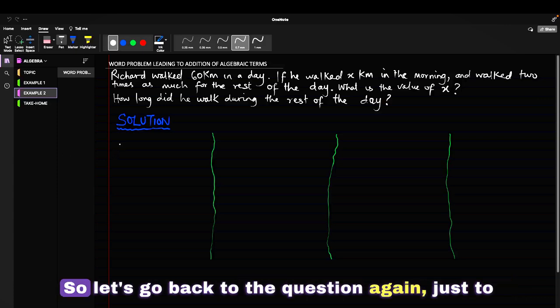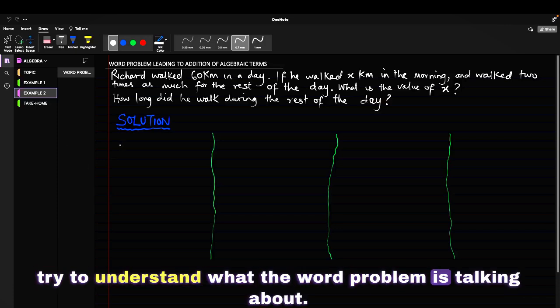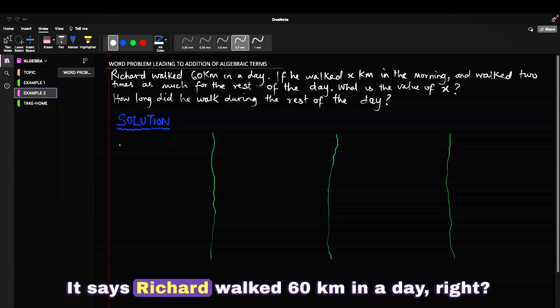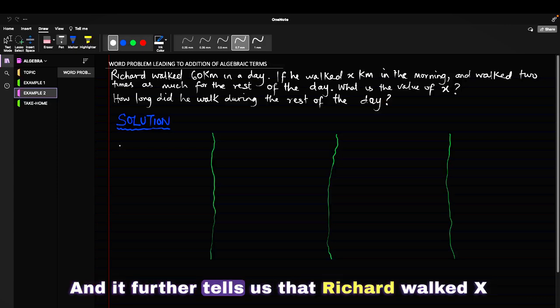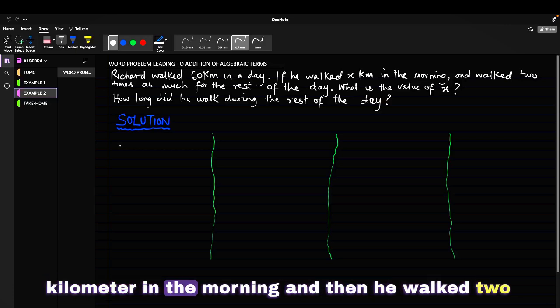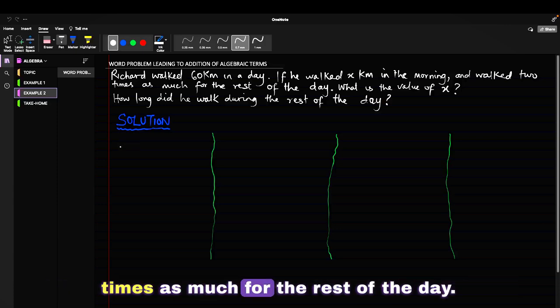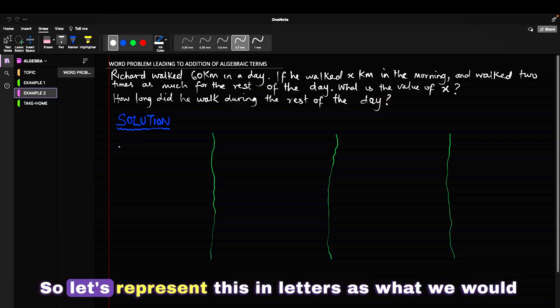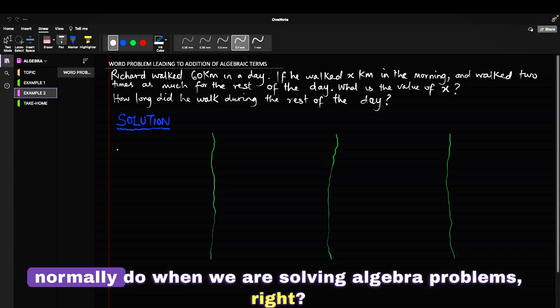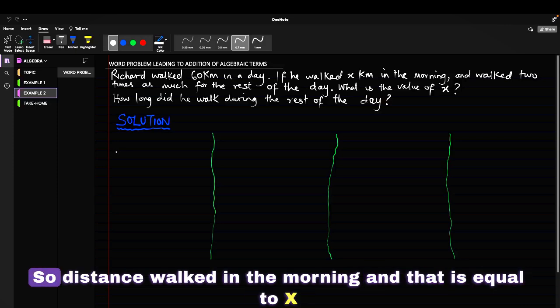So let's go back to the question again, just to try to understand what the word problem is talking about. It says Richard walked 60 kilometers in a day, right? And it further tells us that Richard walked x kilometers in the morning, and then he walked 2 times as much for the rest of the day. So let's represent this in letters, as what we would normally do when we are solving algebra problems, right?